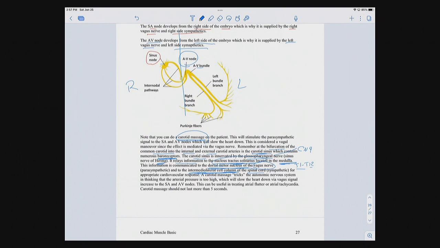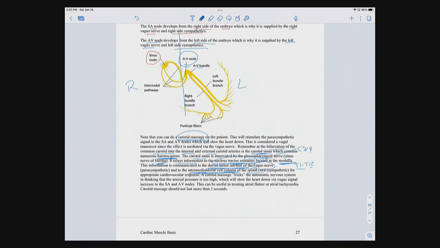So the reason that you'd want to know that is because if the pressure of the arterial system is too low, then you're going to have an adjustment on that brake pedal and that accelerator. So if the pressure is too low, then you would want to maybe back off the vagal input and increase the sympathetic input to cause the heart to beat a little more forcefully and a little more rapidly to bring the pressure back up.